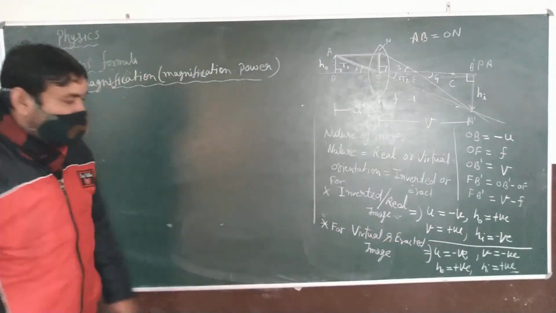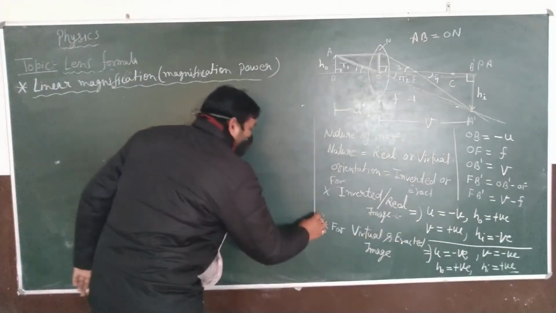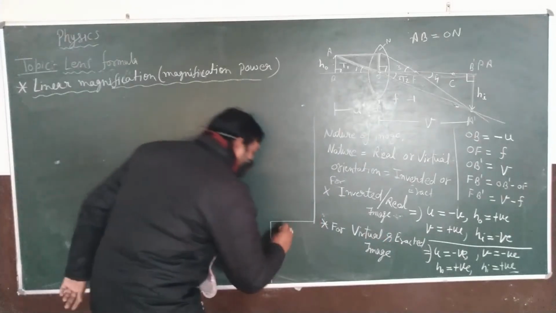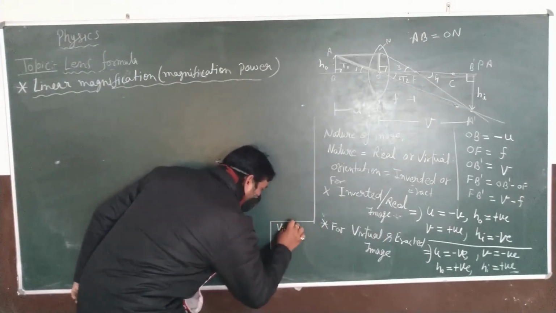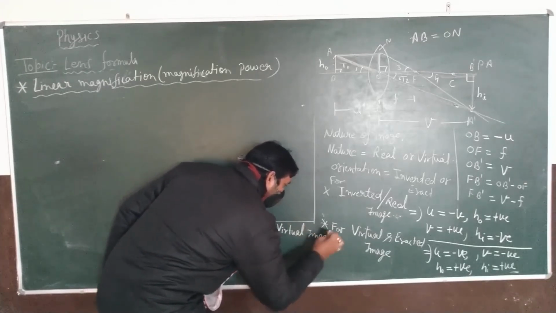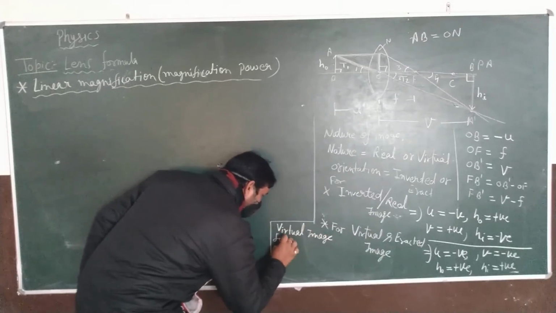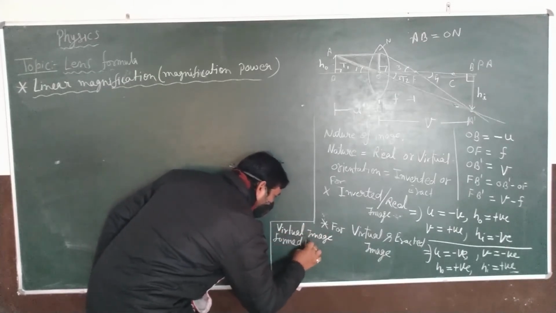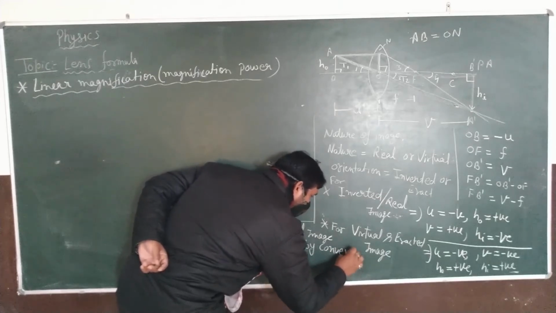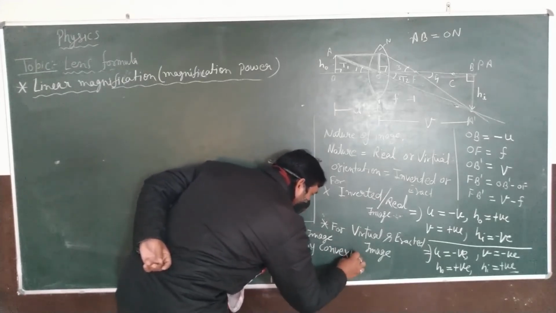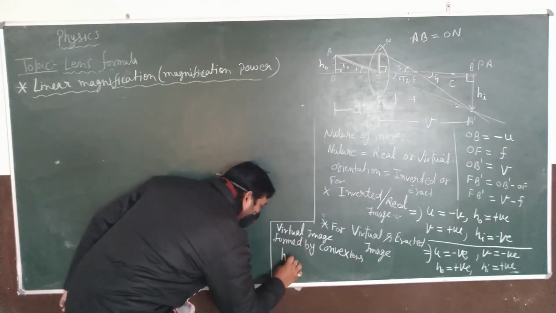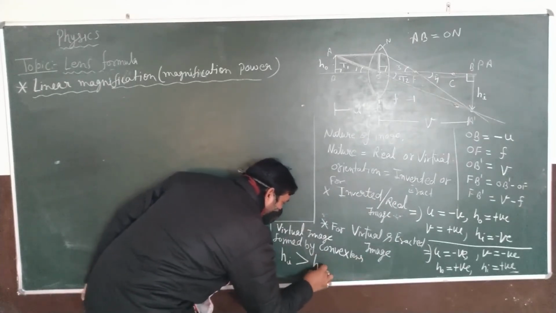One thing is also here we can write: for a virtual image formed by a convex lens, HI is greater than HO.